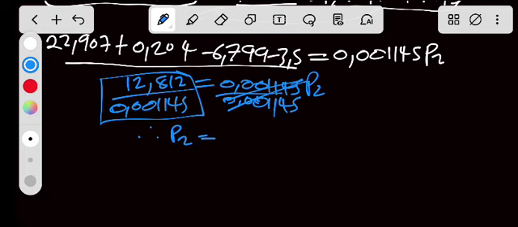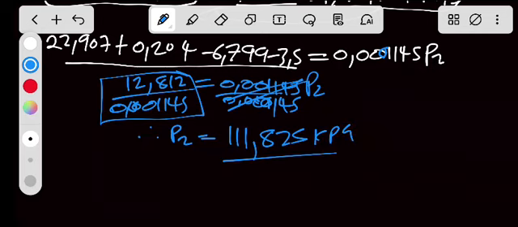We'll obtain 111.825 kilopascal. Already I've written this in kilopascal.